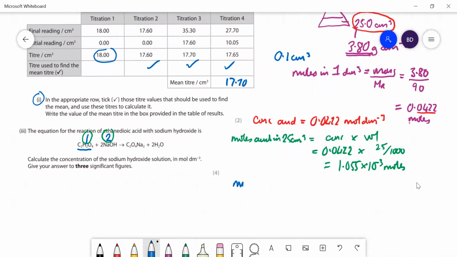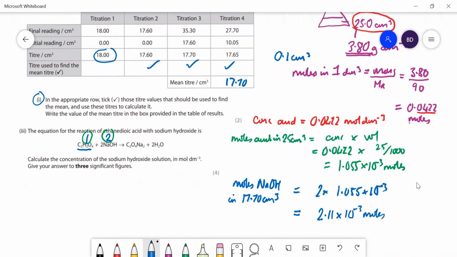So moles NaOH in the titer of 17.70 centimeters cubed is going to be 2 times 1.055 times 10 to the minus 3. That is equal to 2.11 times 10 to the minus 3 moles.